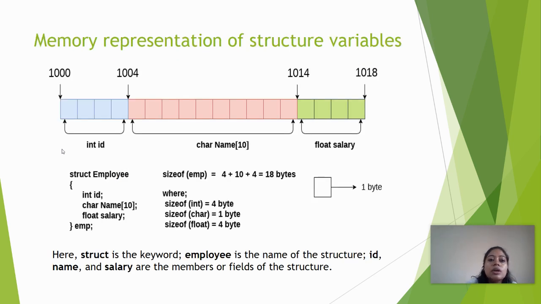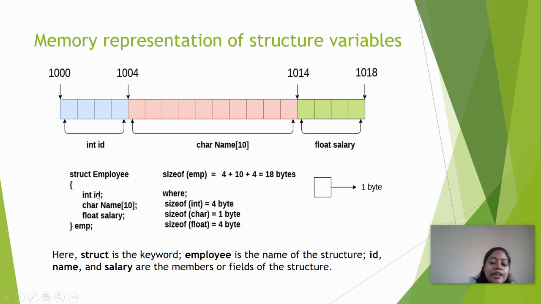Now how will all those data types be occupied in our memory, or what will be the memory representation of structure variables? Suppose this is one example of our structure variable employee. So this employee entity has the attributes int id, char name, float salary, and this is the structure variable emp. Okay, so this is the structure variable.